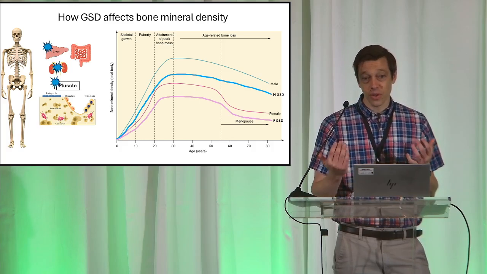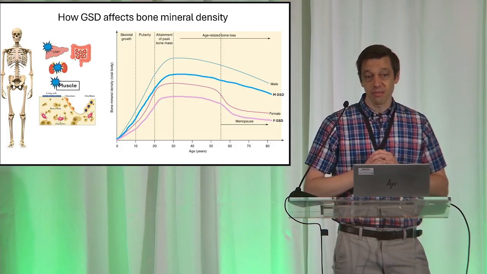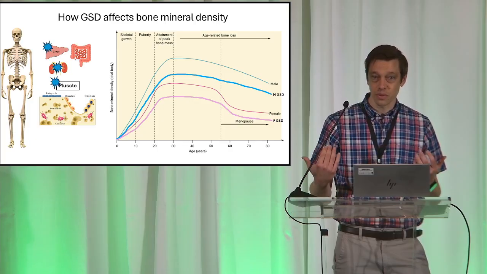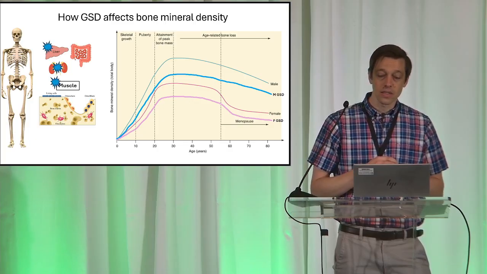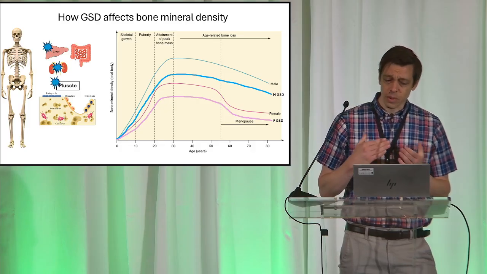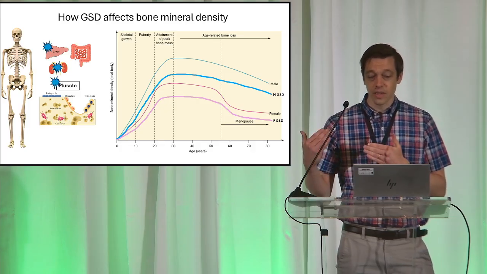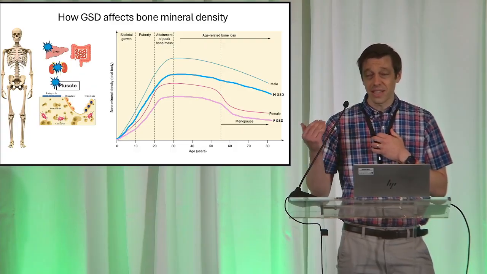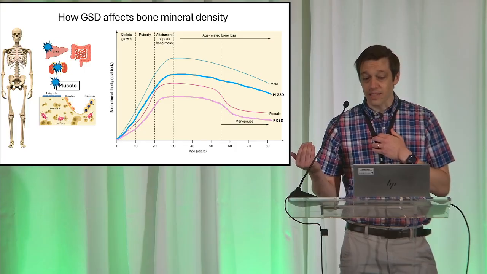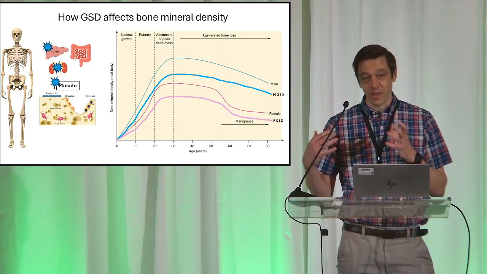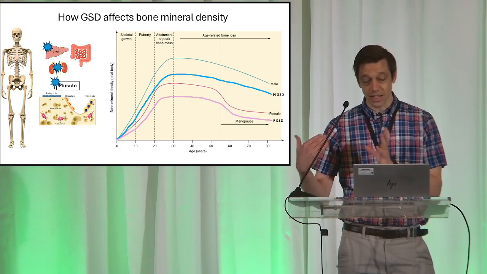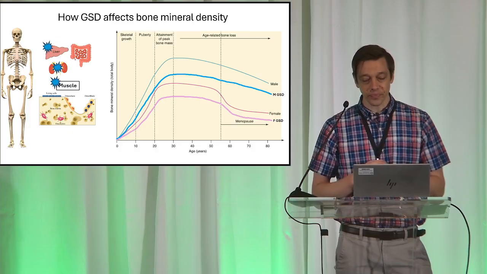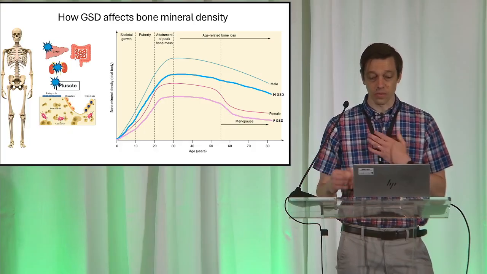But overall, it shows that bone mineral density in individuals with GSD is lower than in those who do not have the condition. That can start in pediatrics, with lower bone mineral density as children and usually a decreased peak bone mass, and then a lessened bone bank, and as time goes on, bone mineral density may decrease and stay lower.